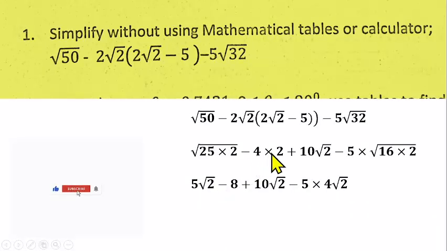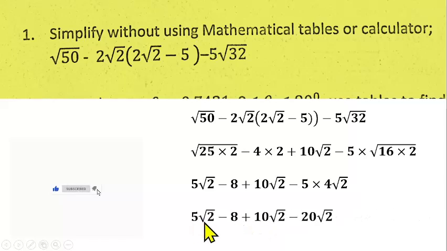Then here minus 4 times 2 gives us minus 8, plus 10 surd 2, minus 5 surd 16 gives us 4 surd 2. If you simplify further, minus 5 will multiply 4 here, you have a minus 20. So you have 5 surd 2 minus 8 plus 10 surd 2 minus 20 surd 2.